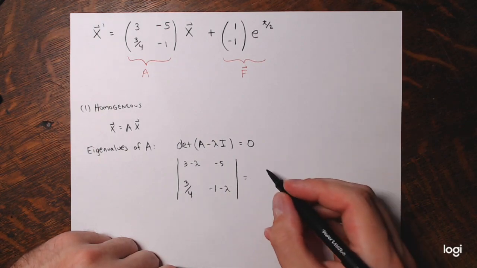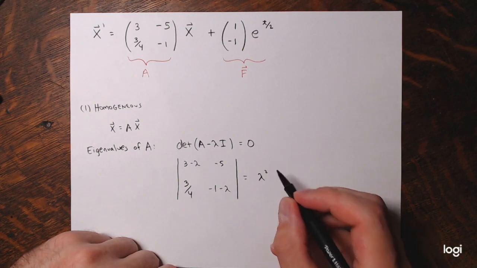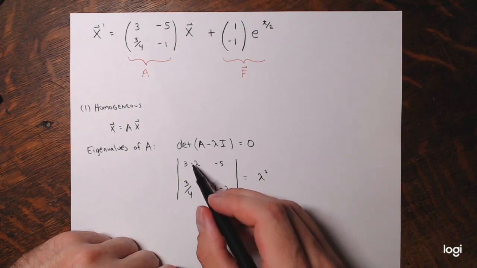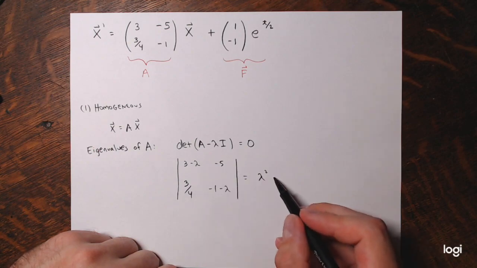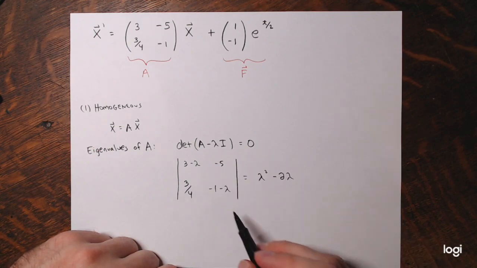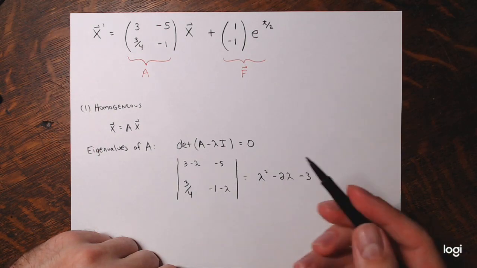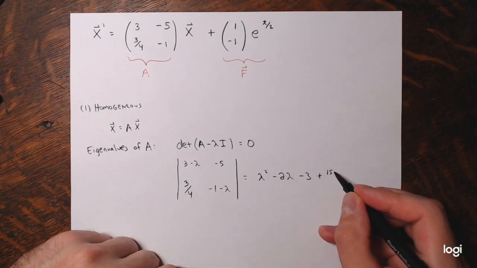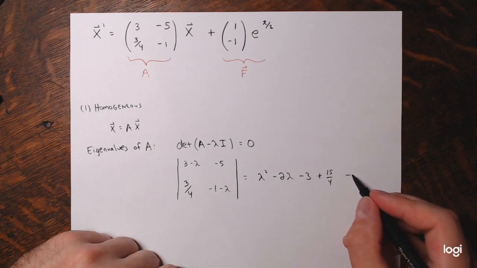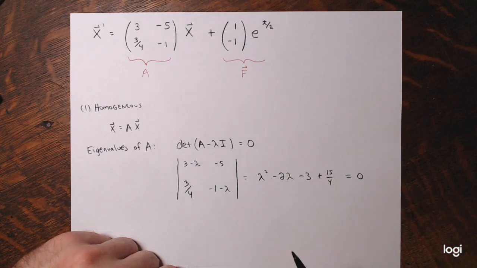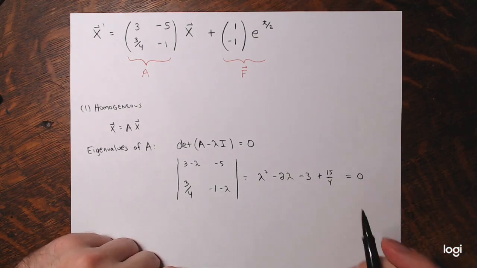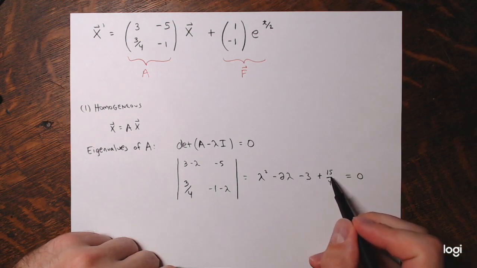Now this is lambda squared, plus lambda minus 3 lambda, that'd be minus 2 lambda, then minus 3, and then plus 15/4. We're trying to see when this equals 0. Now -3 plus 15/4.